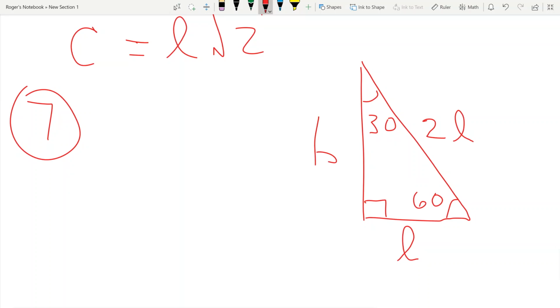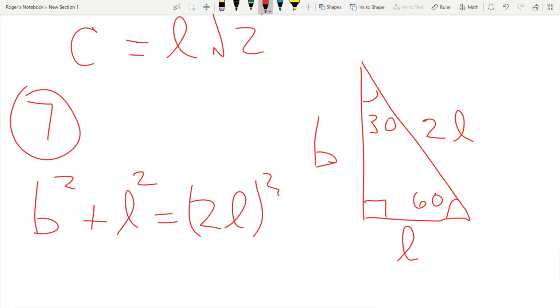Let's just call it B. So B squared must, sorry, wrote that incorrectly. Let's get a little more room. Let's do it down here. B squared plus L squared must be equal to (2L) squared. Okay? In other words, A squared plus B squared must be equal to C squared. C is 2L, so (2L) squared must be equal to B squared plus L squared, the sum of the squares of the other two legs.